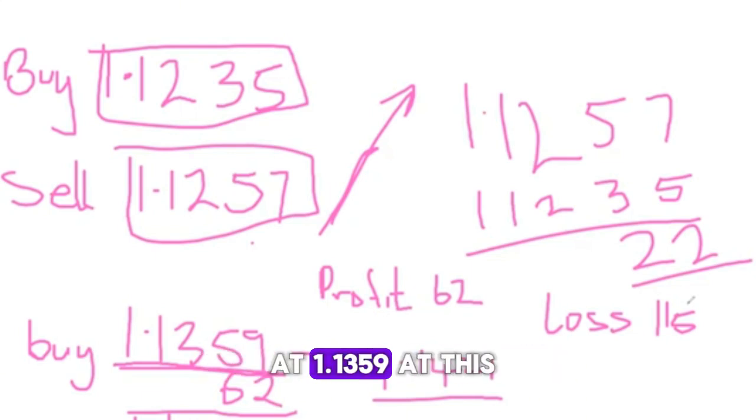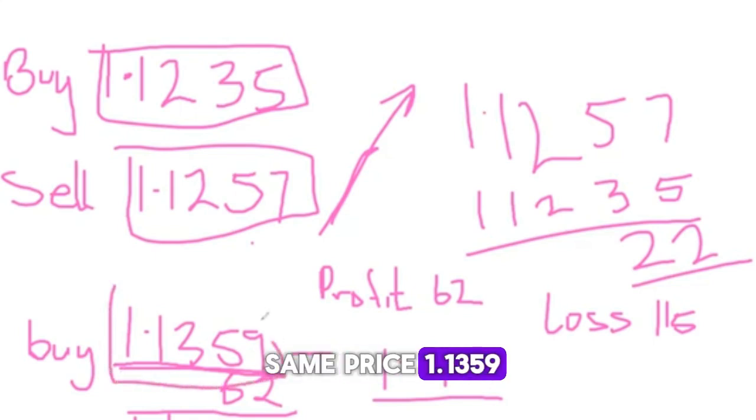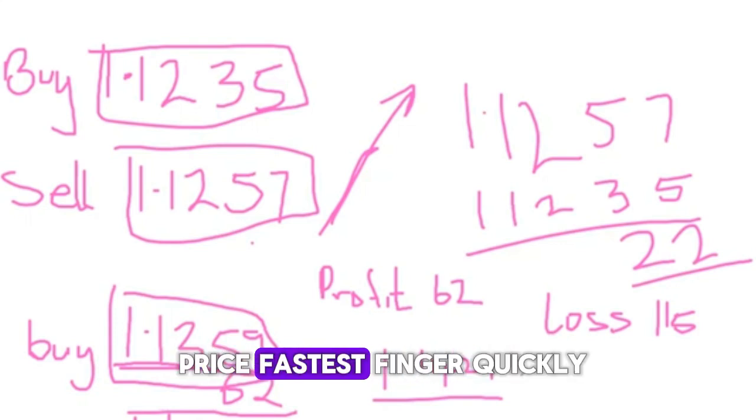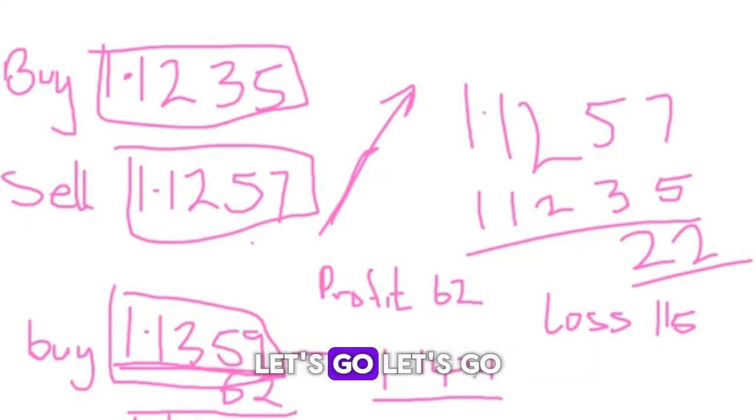I bought it at 1.1359, the same price, and now I made a loss of 115 pips. At what price did I close it? Fastest finger, quickly. Let's go.